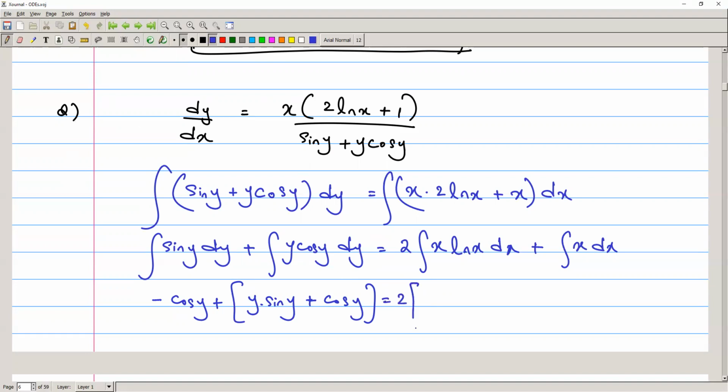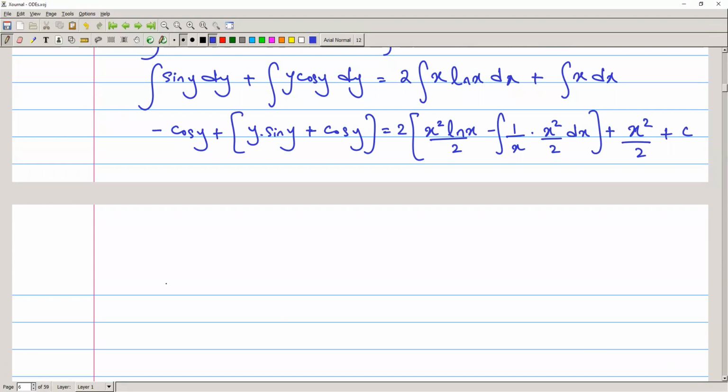2 times, this is x squared ln x over 2 minus the integral of 1 over x times x squared over 2 dx, plus x squared over 2 plus c.